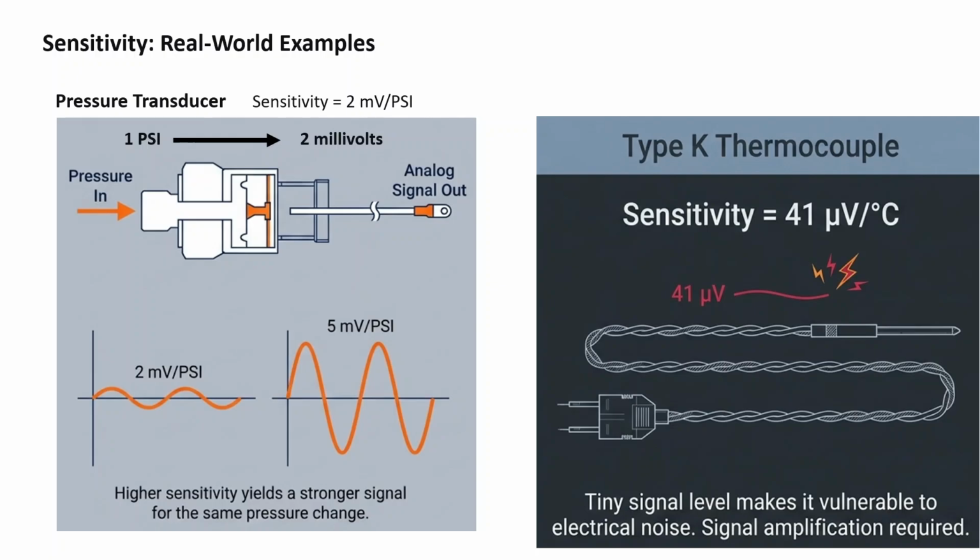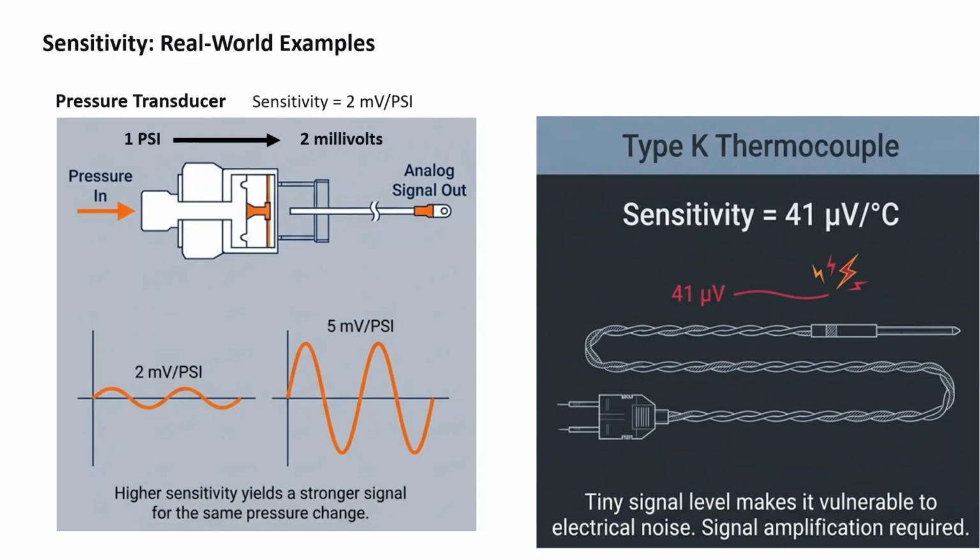Now, look at the right side of the thermocouple example. A type K thermocouple has a sensitivity of approximately 41 microvolts per degree Celsius. 41 microvolts. That's a tiny signal. For every degree of temperature change, you are only getting 41 microvolts out of it.